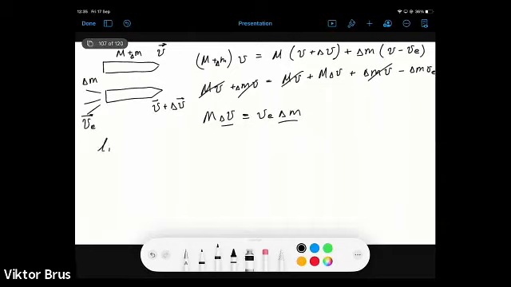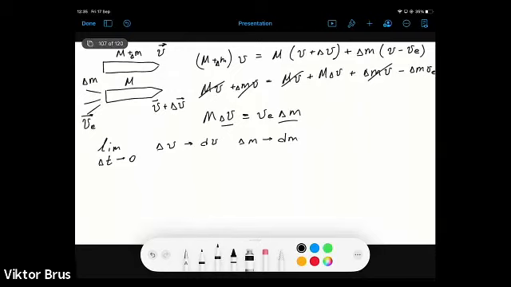So in the limit, when delta t approaches 0, because here we consider some long period of time, let's say until we burn all fuel and there's only mass of the rocket left. But we want to know at some instantaneous moment. So in the limit delta t approaches 0, delta v would be represented as dv now, delta m as dm.